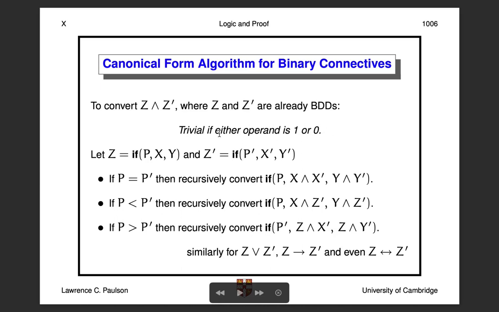So if we want if and only if as our connective, then we would need to treat the 0 and 1 cases as should be done for if and only if, rather than, in this case, for AND.